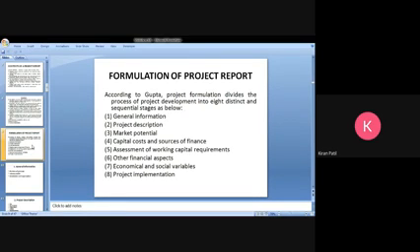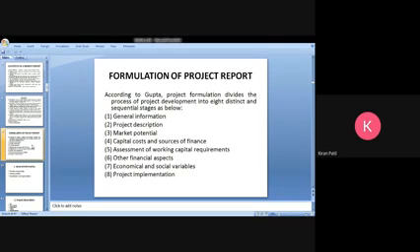The next one is product details. So what are the product details? Product utility, product range, product design, advantages to be offered by the product over its substitutes. The product utility in the sense, what is product utility?